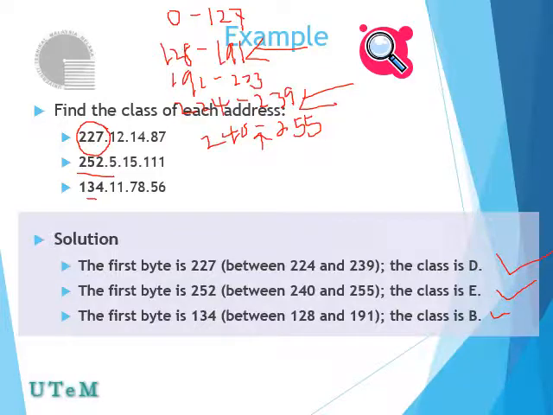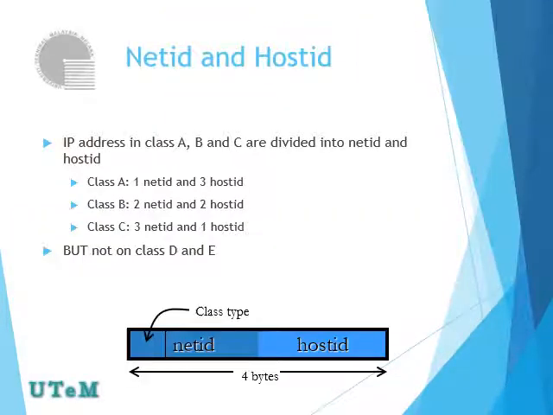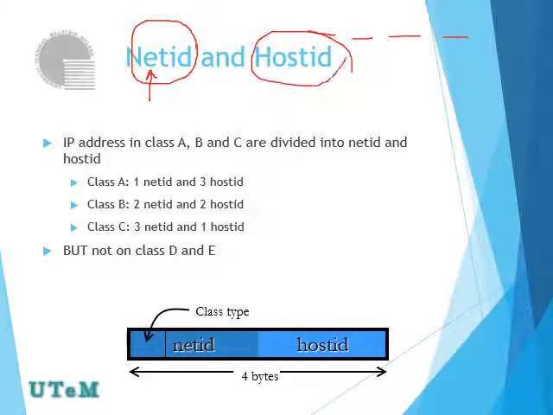Okay, in classful addressing, the address is divided into two portions. One is the netid, which identifies the network to which the address belongs. The other is the host ID, which identifies the host to which the address is assigned.